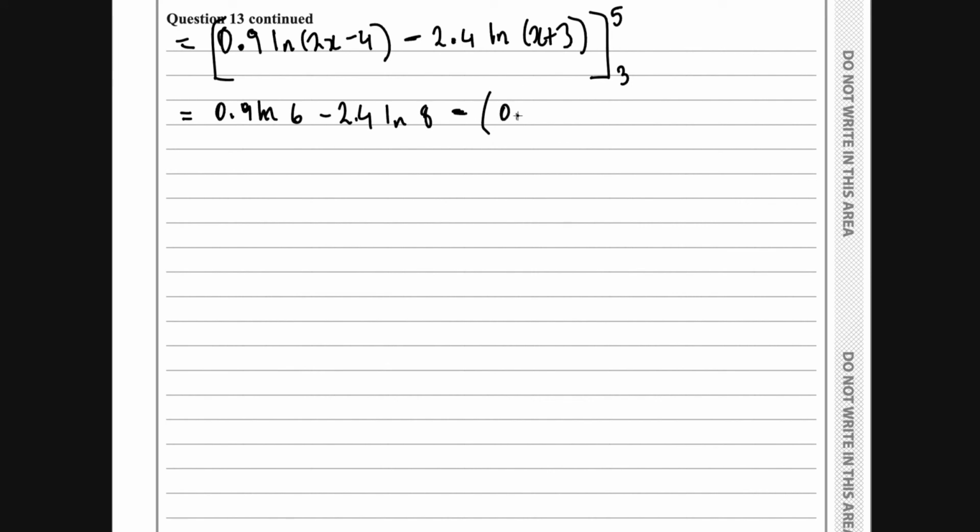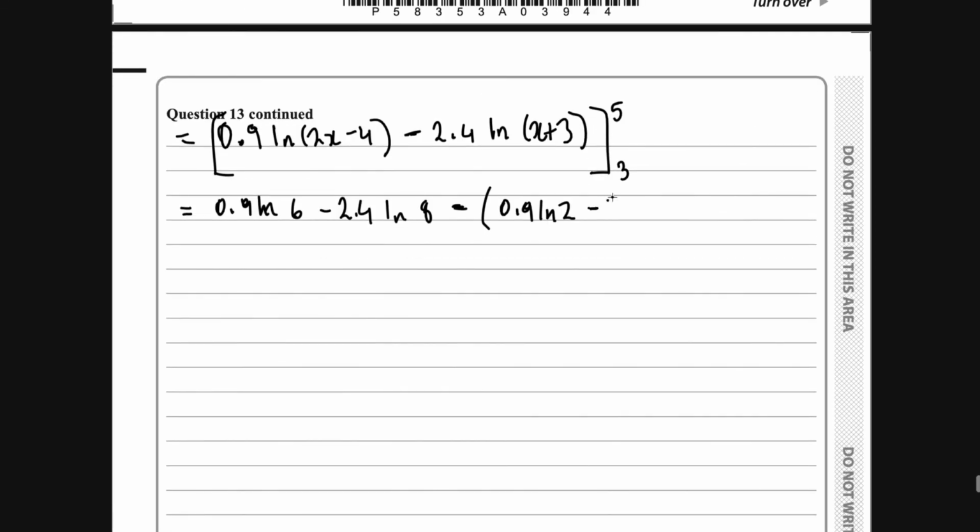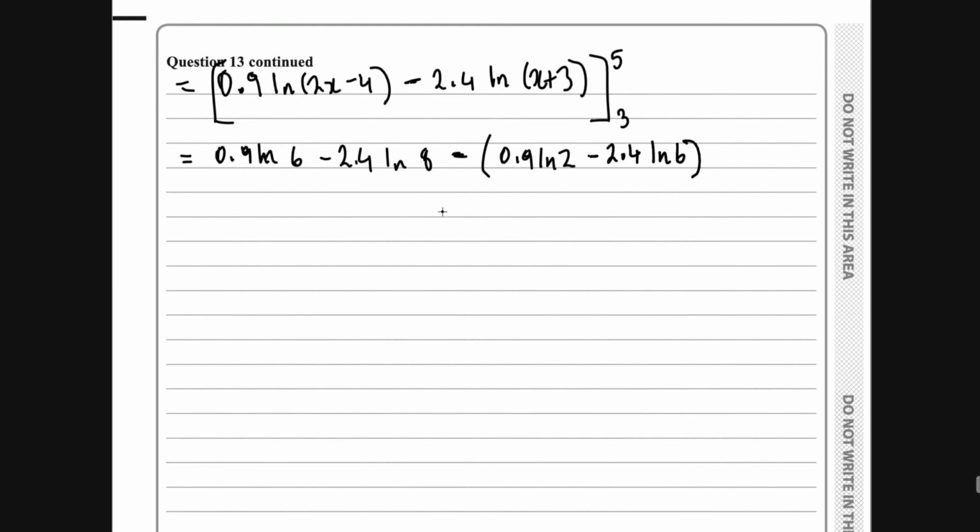Then it's 0.9 ln 2 − 2.4 ln 6. Now I'm going to multiply this minus 1 out and get rid of that pesky bracket, to get 0.9 ln 6 − 2.4 ln 8 − 0.9 ln 2 plus, because we've got a minus times a minus, 2.4 ln 6.